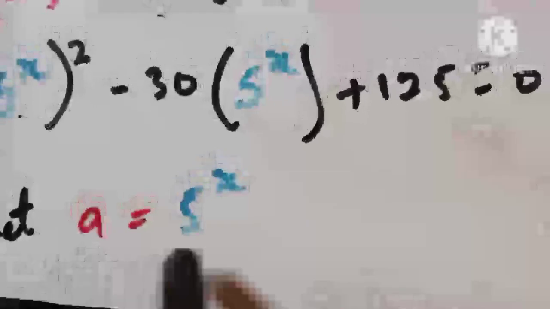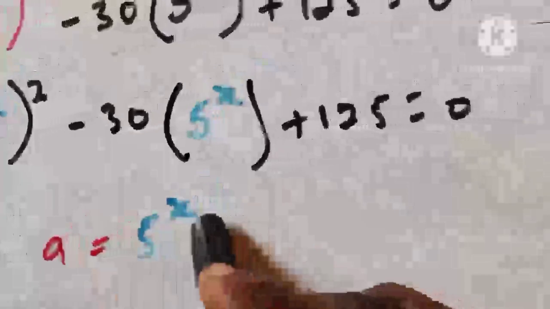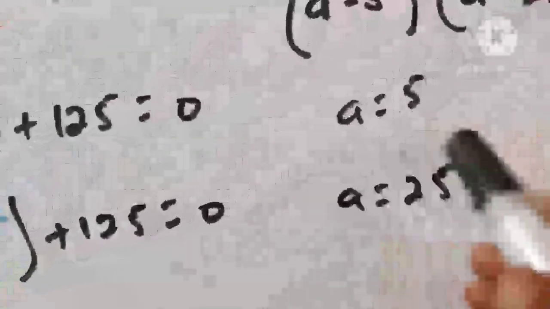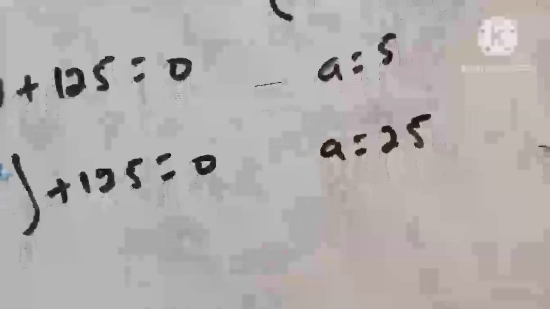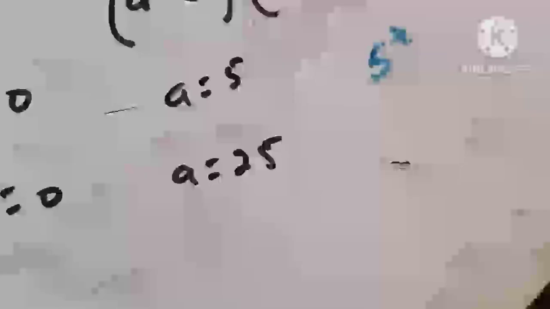So here, since we said that let a come and replace the 5 exponent x, meaning that whatever you have as a here, you have to take your thing back, right? So from this point here, our a is going to be 5 exponent x, that is equal to 5, right?